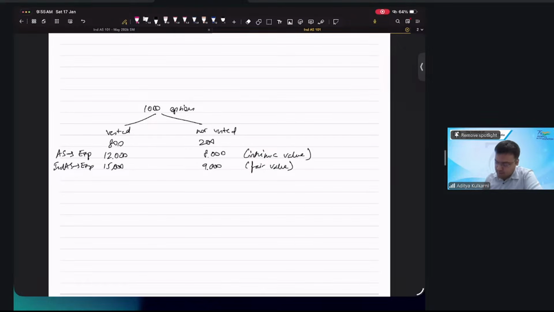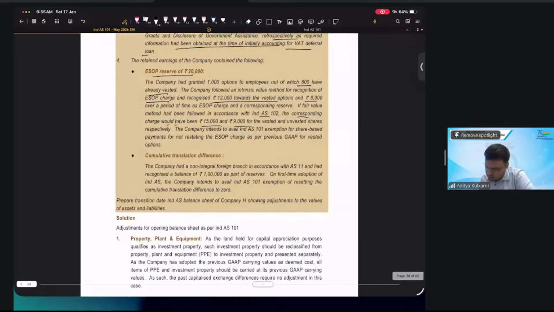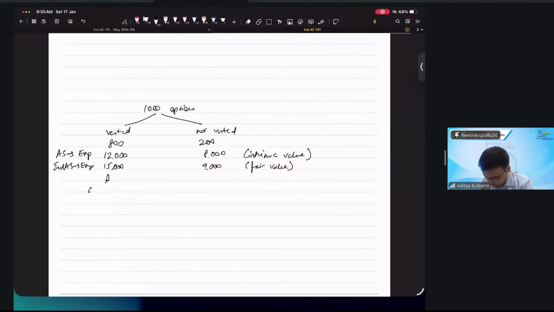Now, the company intends to avail the Ind AS 101 exemption for not restating the ESOP charge as per previous GAAP for vested options. Right? So therefore, here avail exemption. Therefore, no entries to be passed.